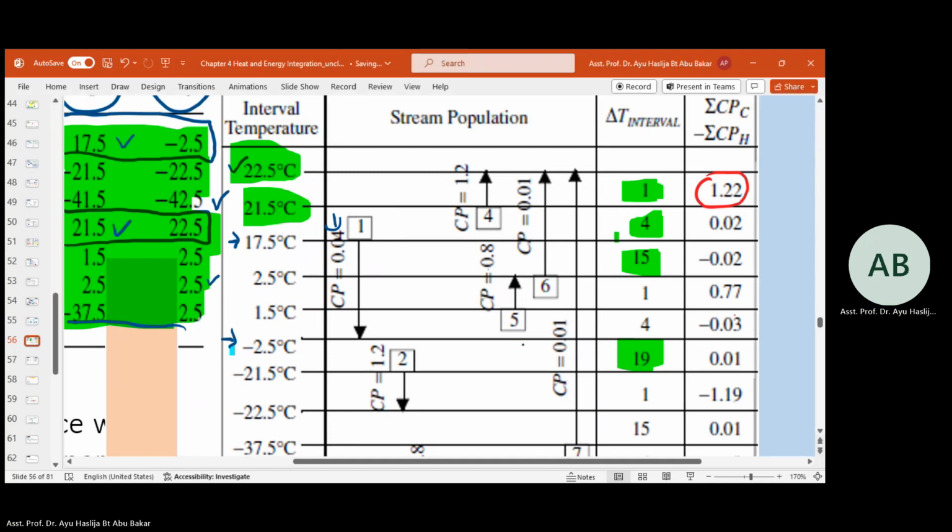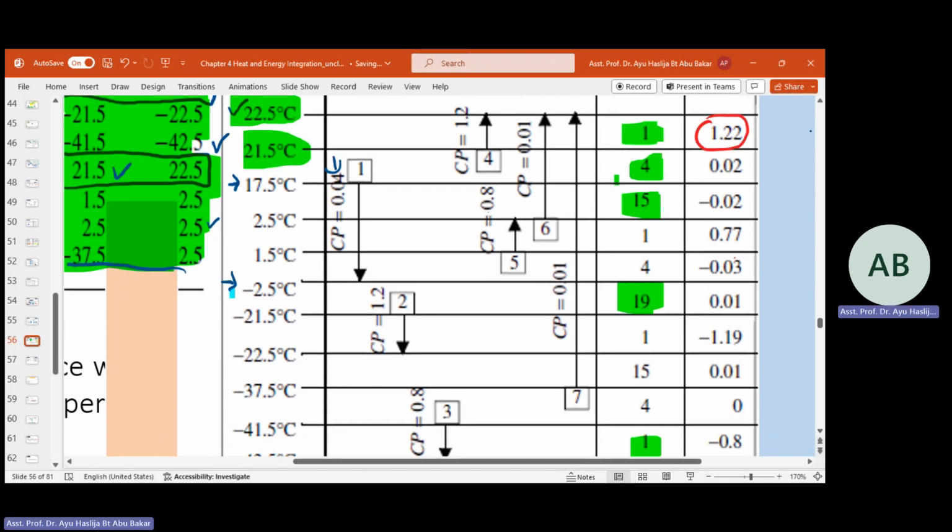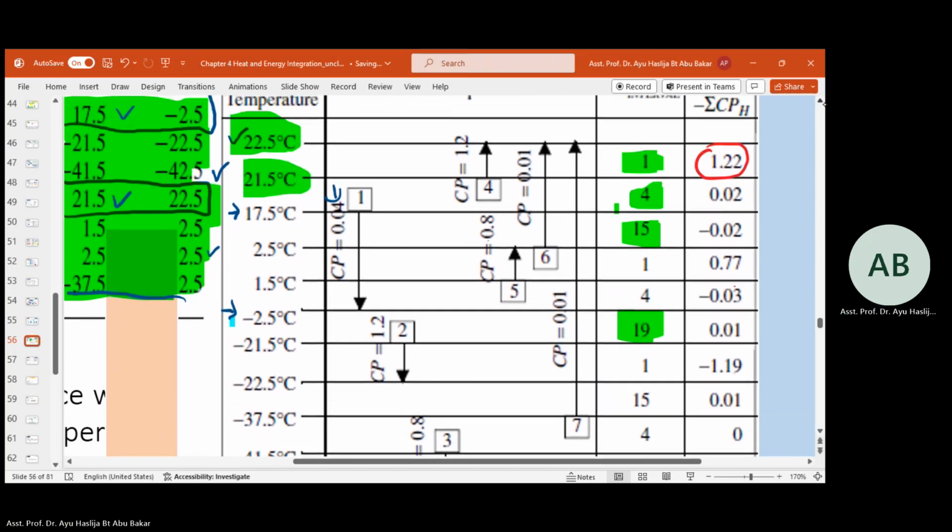Going up. Okay, so we have here stream 4, 5, 6, 7. Cold stream 4, 5, 6, 7. Now summation of cold stream minus CPH. Now this interval has only cold stream.